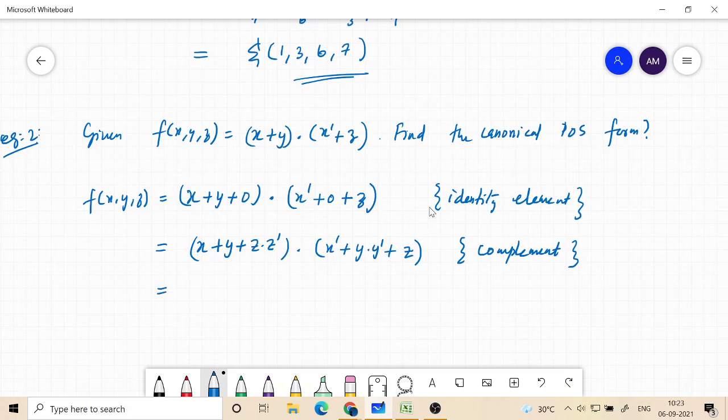Then what else? I distribute. So x plus y, you treat it together and distribute it with this. Similarly here also. If you want, you can apply the commutative property as well as distribution to bring things in order.